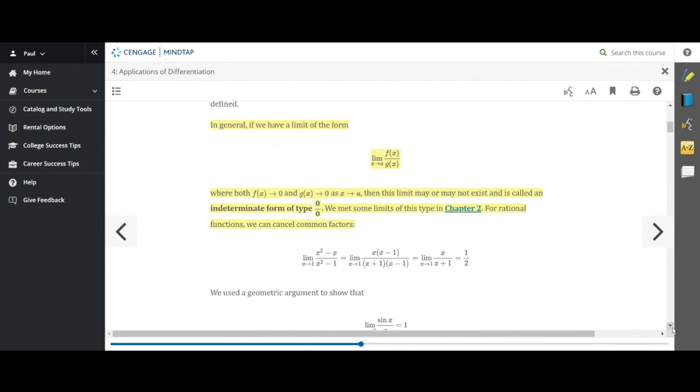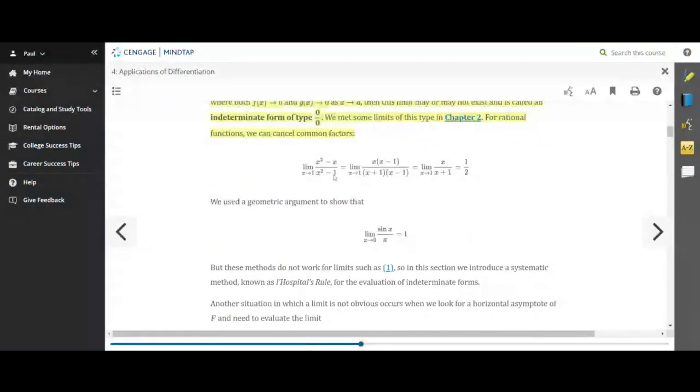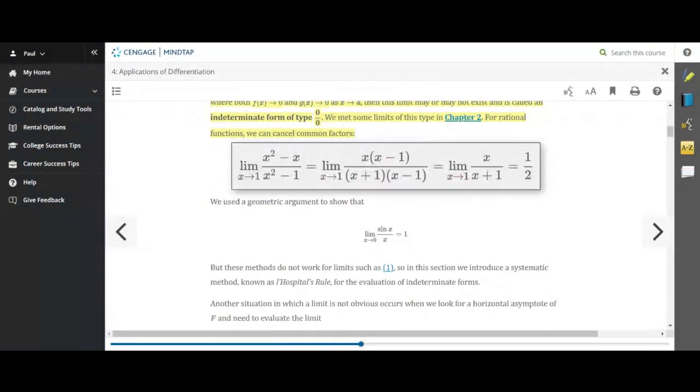So you saw in chapter 2 some simple ones. This is one that your instructor probably would have gone over in Calculus 1: the limit as x approaches 1 of x squared minus x divided by x squared minus 1. The numerator factors, the denominator factors, and you can simplify out the x minus 1 terms, and you'll get the limit as x approaches 1 of x over x plus 1, and that equals a half.